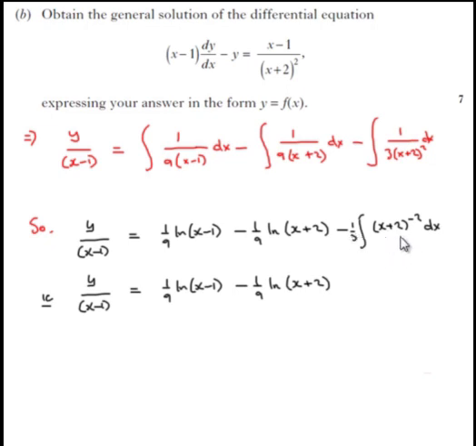Now integrating the x plus 2 to the minus 2, add 1 to the power and divide by that new power, that'll be x plus 2 to the minus 1 over minus 1. Because we've got a minus third outside, this will end up as a plus 1/3 times x plus 2 to the minus 1. But x plus 2 to the minus 1 we can write on the bottom along with the 3 as an x plus 2 to the plus 1.